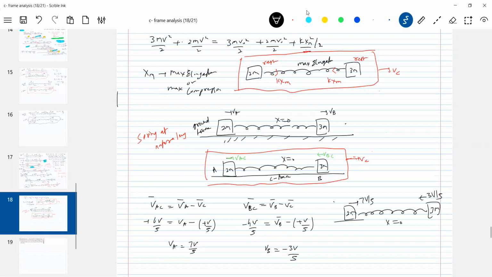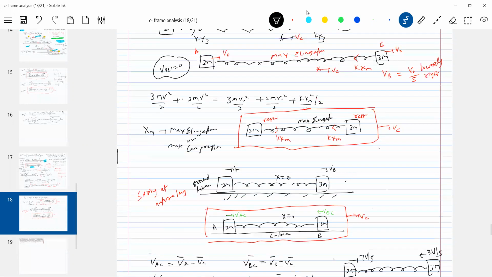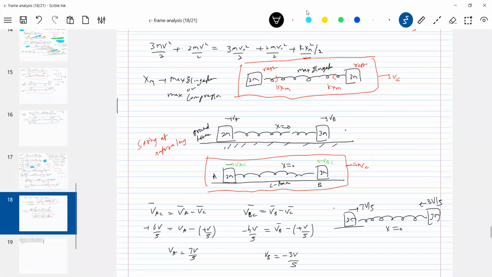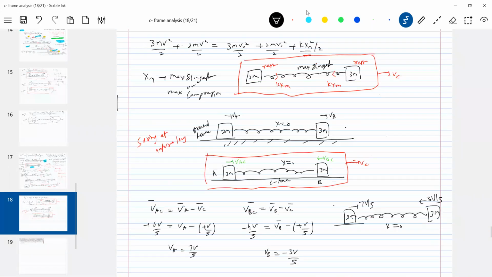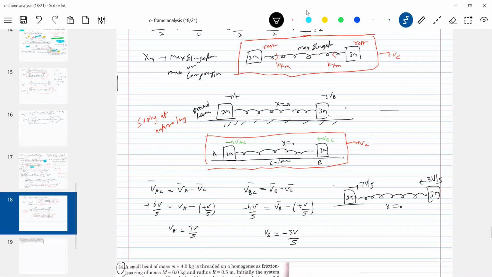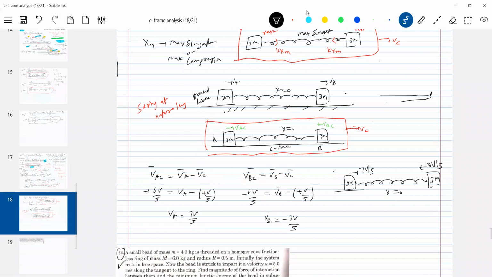The velocity goes from V by 5 to minus 3V by 5. It should change direction. So what actually happens? It decreases, becomes 0, then starts increasing. So somewhere it has become 0, no? Shall I put one more diagram? Somewhere in between maximum elongation and natural length, block B will be at rest.